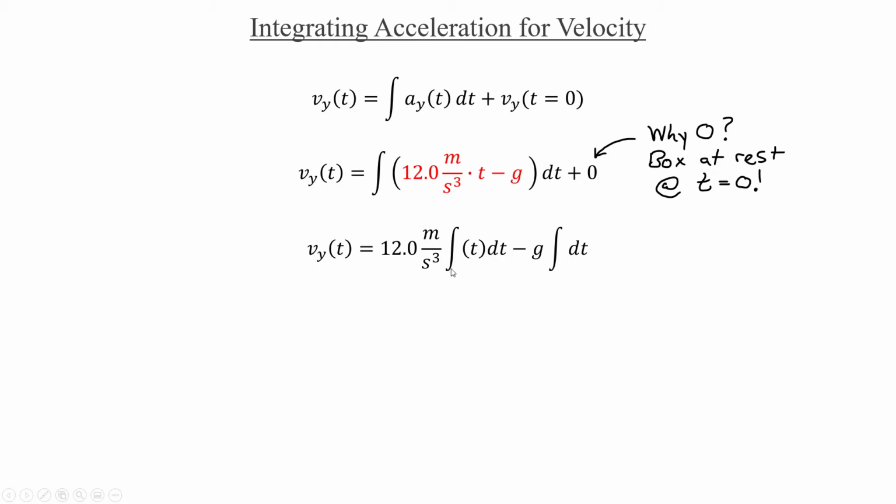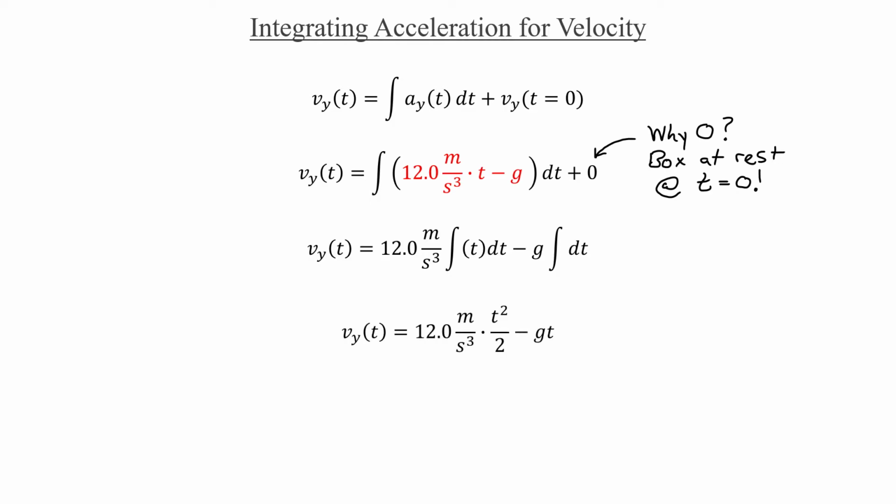So here we're integrating just t with respect to time, and we're multiplying the 12 meter per second cubed out in front, and we're going to subtract an integral of just 1 multiplied by dt with a factor of g out in front.